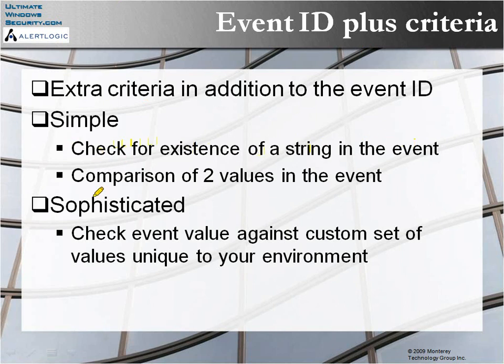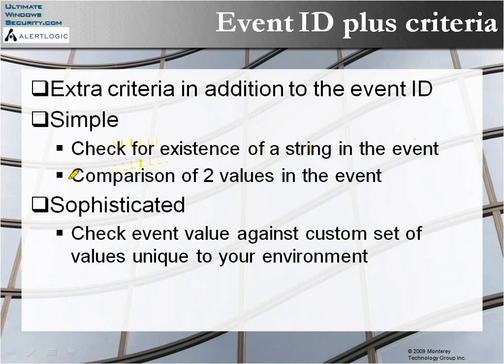Also, you may need to compare two values of the event. You may need to ask, does the computer name equal the new domain from the text of the event? I'll be calling out specific cases where this arises, but I just want you to get the general idea. Other times, the extra criteria may be a bit more sophisticated.